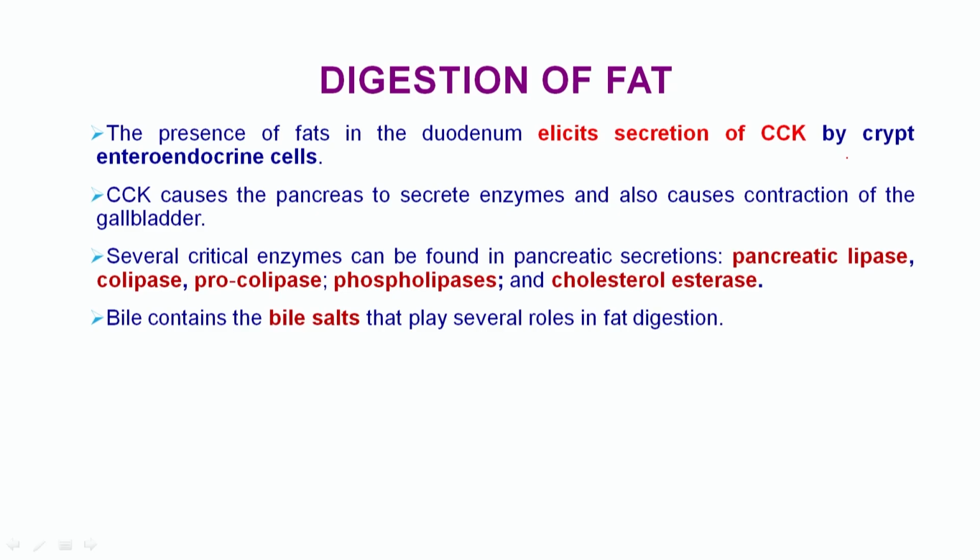This CCK will also act on the gallbladder to contract, and bile salts will enter the common bile and pancreatic duct to the upper duodenum, and this will be involved in the digestion of fat. Several critical enzymes can be found in pancreatic secretions: pancreatic lipase, colipase, procolipase, phospholipases and cholesterol esterase. Bile contains bile salts that play several roles in fat digestion.